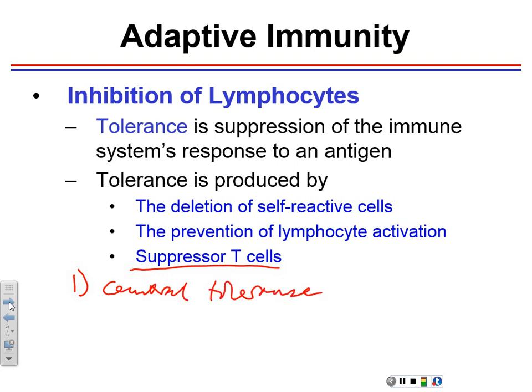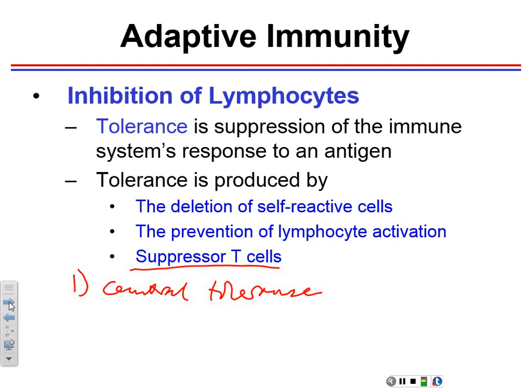Central tolerance happens when they are being produced, like in central lymphatic tissue, like the bone marrow and the thymus, right? So in that case, remember I was saying how the body is producing the cells at a record speed, right? So it's going to make some mistakes. Just like any assembly line, nothing is ever 100% efficient, okay?